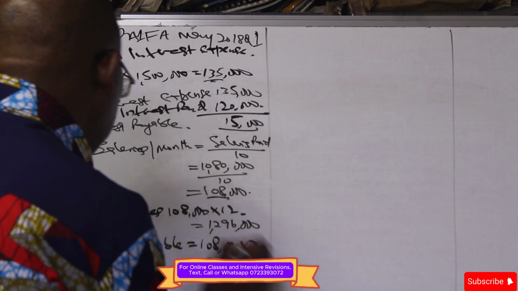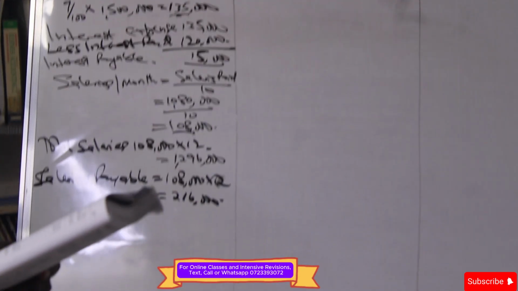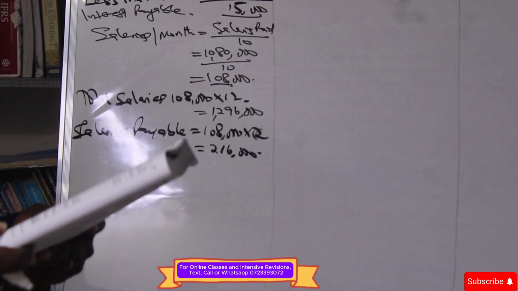This is salaries payable, to be shown in the balance sheet as a current liability.